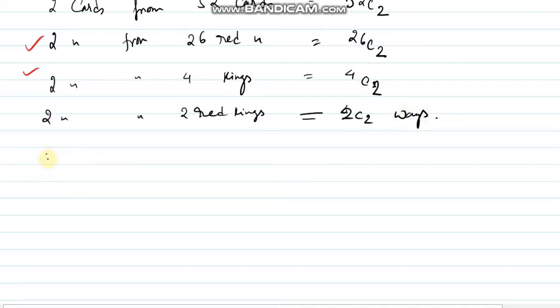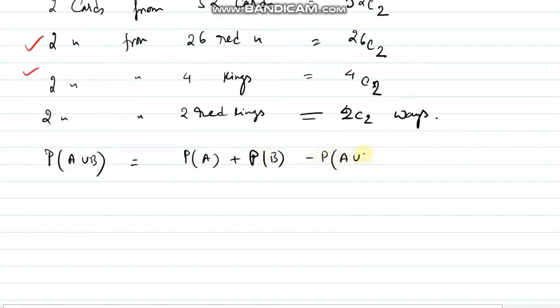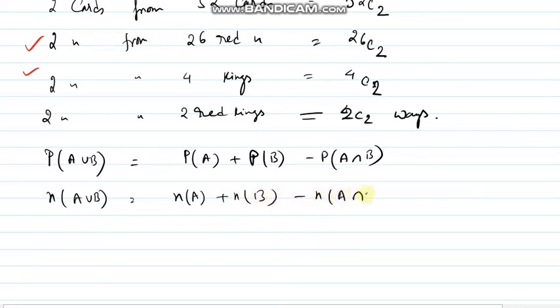So from the set formula, the probability of A union B, we know that it is P(A) plus P(B) minus P(A intersection B). How is this coming? We already know the formula n(A union B) equals n(A) plus n(B) minus n(A intersection B).